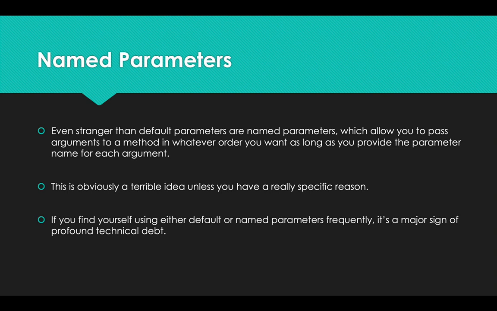So in general, if you find yourself using either default or named parameters with any sort of frequency, it's usually a major sign that the system that you're working on has some profound technical debt. You have added a whole bunch of parameters instead of splitting up the method. Maybe not you, maybe the organization has done something in days of yore that has caused some pretty significant issues that you need to work through.